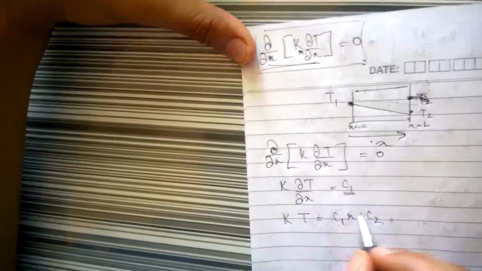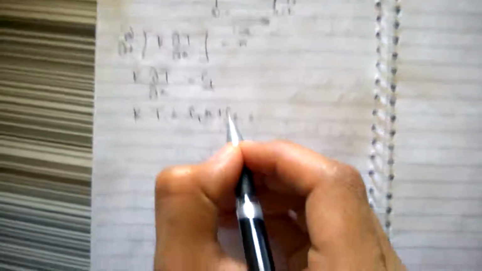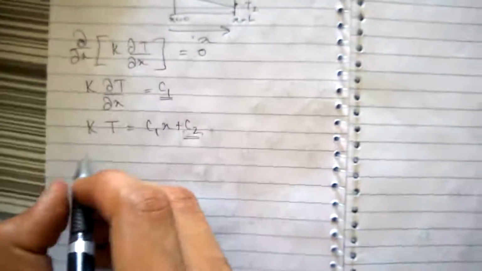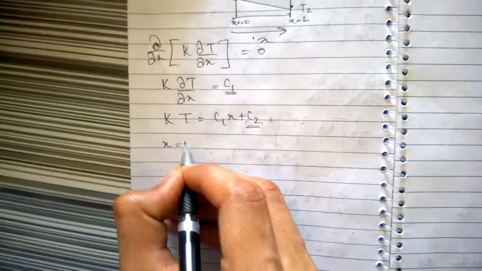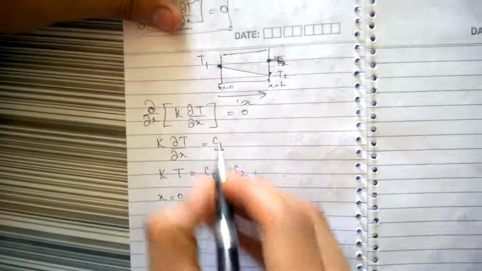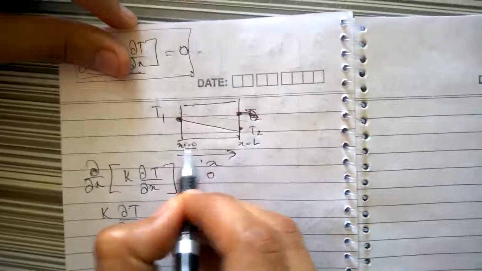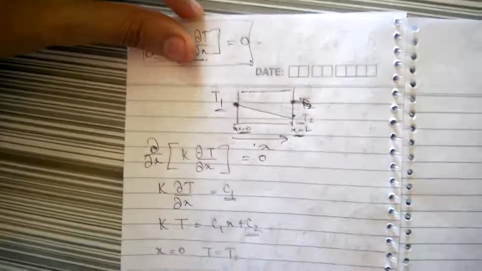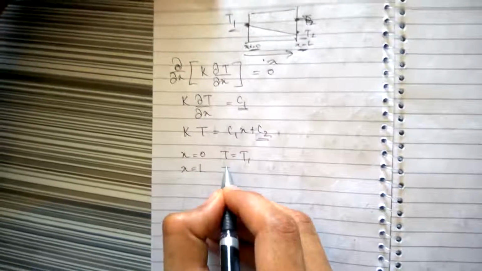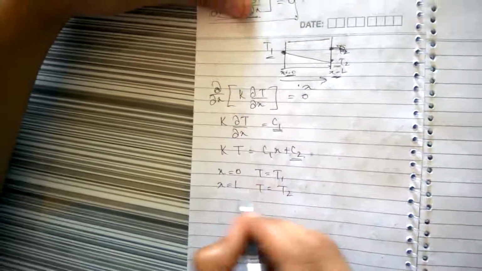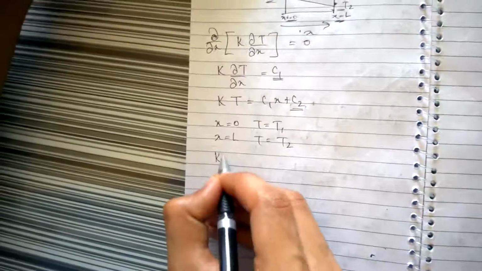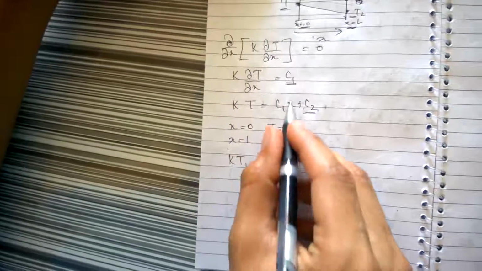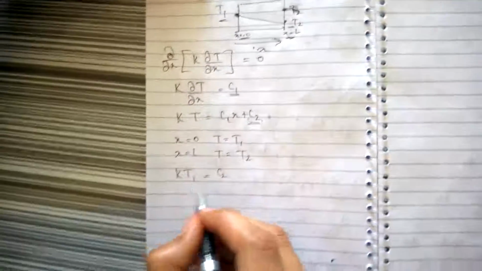This was an integration constant, again you integrate it, so you get another integration constant. Apply the boundary condition that at x equal to 0, T equal to T1, which you can see from here. At x equal to L, T is T2. So if I apply it here, we will say k into T1, x is 0, so C2. So this is the value of C2 we have got.